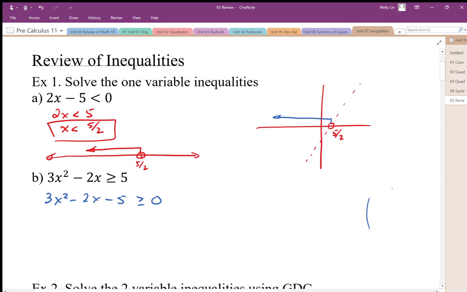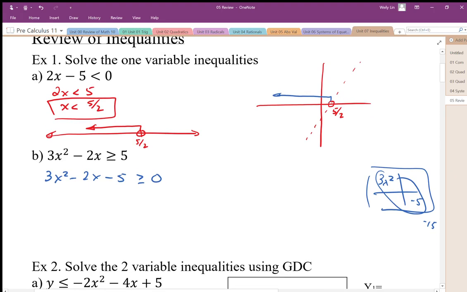On the side here, I'm going to factor. I have 3x squared minus 2x minus 5, so that becomes negative 15 when multiplying 3 and negative 5. We're looking for two numbers that multiply to negative 15 and add to negative 2. That's going to be negative 5 and positive 3. So we end up with 3x minus 5 and x plus 1.